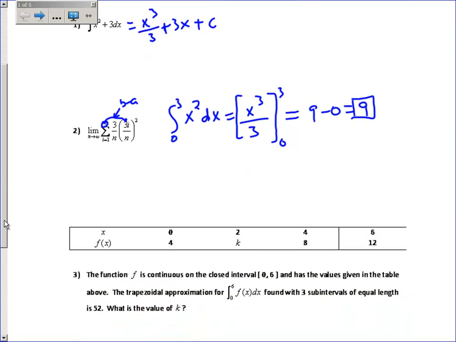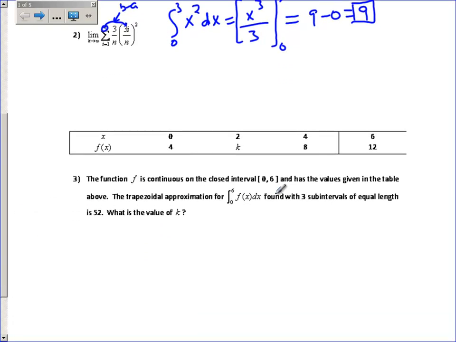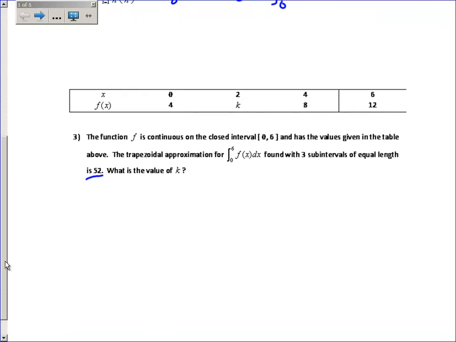Alright, my next question is a trapezoidal approximation for a function. I've got values in the table, and the trapezoidal approximation is given to me as 52, and I have to go backwards and find this missing function value. So let's find this by setting up our trapezoid approximation.